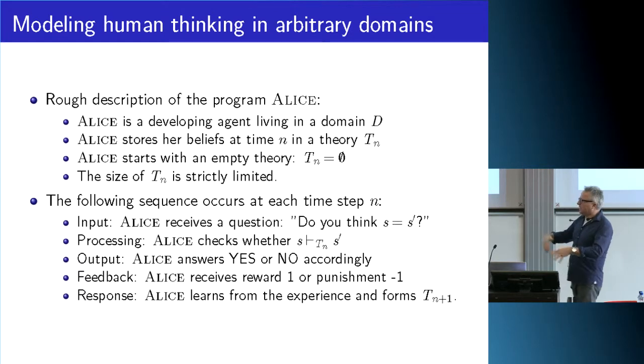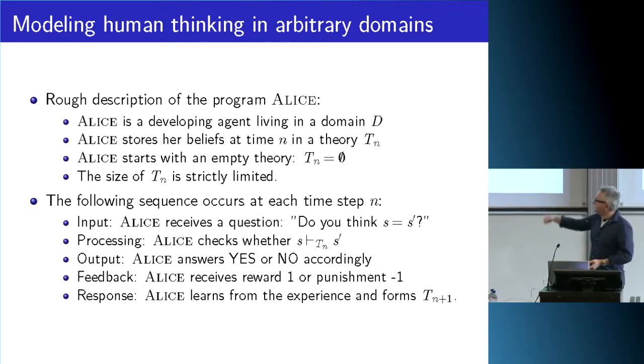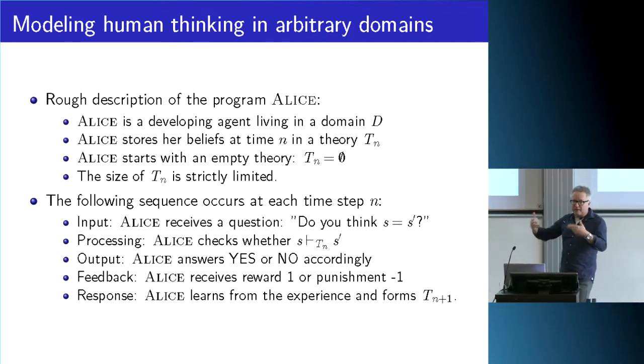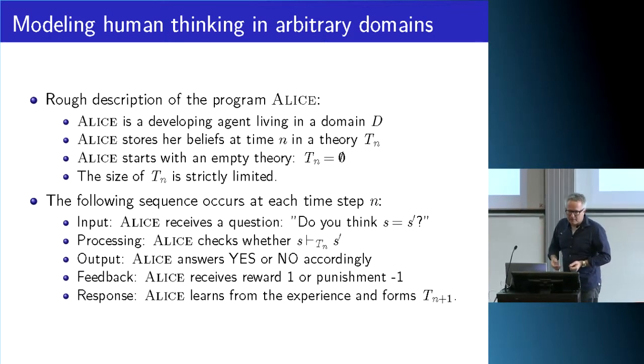And now what happens at each repetition, at each time step, is this. First, Alice receives a question from the environment, or a challenge from the environment. And it concerns S and S prime, the relation between them. Do you think that they are the same? The environment asks.